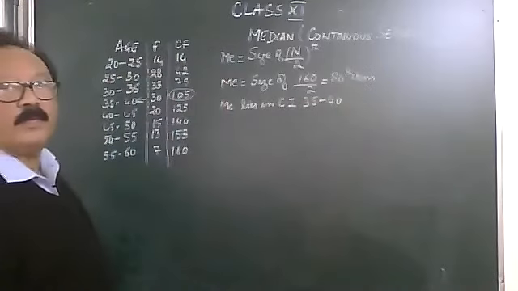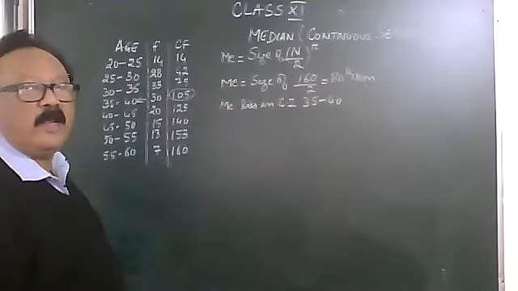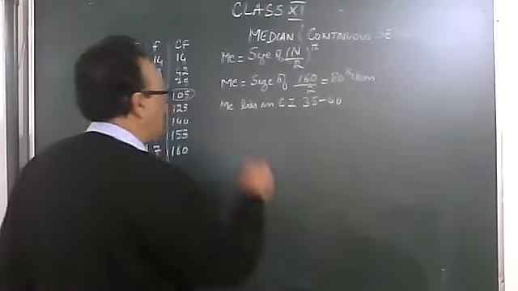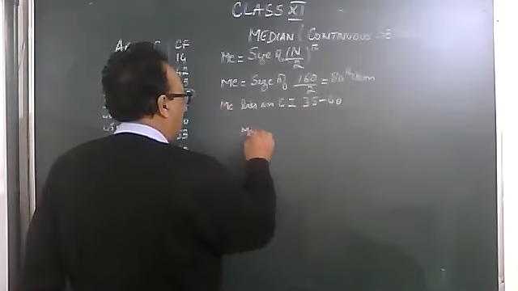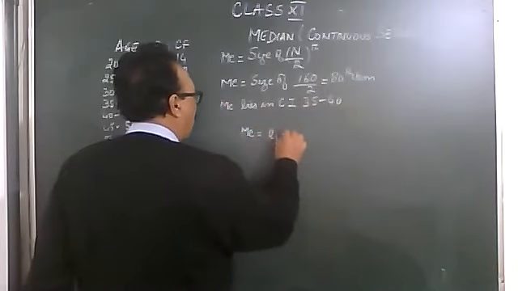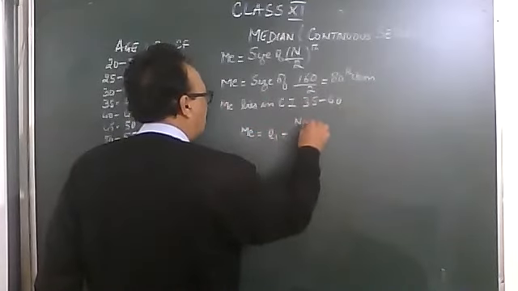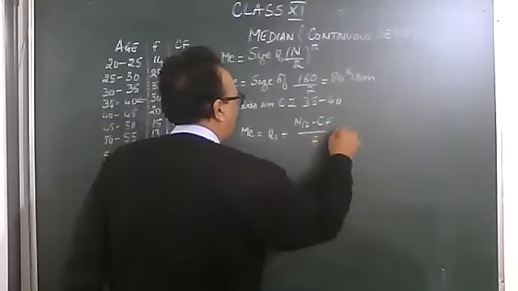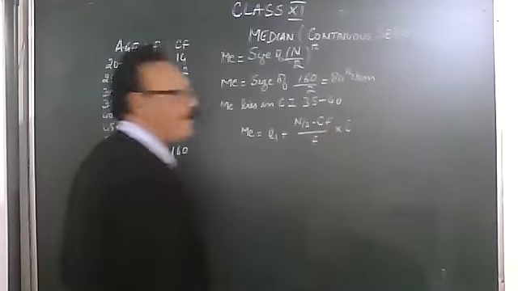Now what is the median value? For that, there is an extension of the formula. The formula would now say median is equal to L1 plus n by 2 minus CF upon F into I.